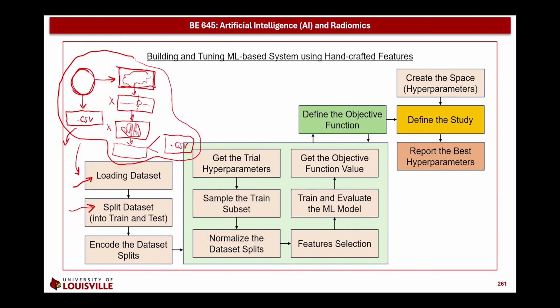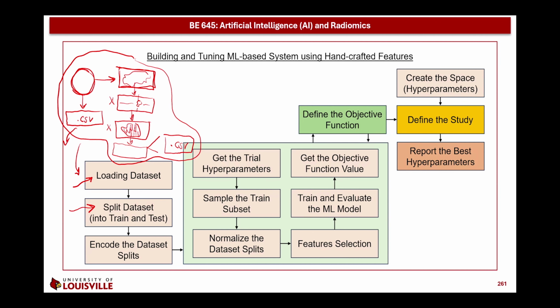And if you are using models or techniques such as deep learning or artificial neural networks or deep neural networks, you can split the data into training, testing, and validation, because the training process will require training and validation. And finally, after the training process completes, you apply the testing subset.